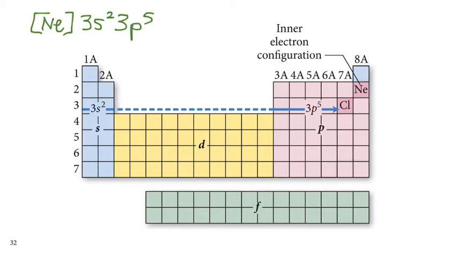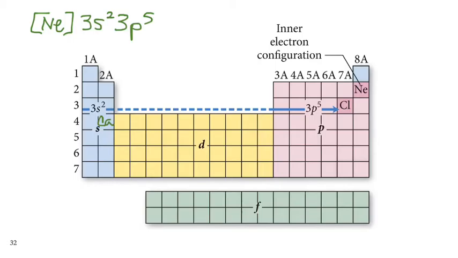Valence electrons are the electrons in the highest principal energy level, or the highest energy shell. So they're the electrons with the highest principal quantum number. What if we were doing calcium?